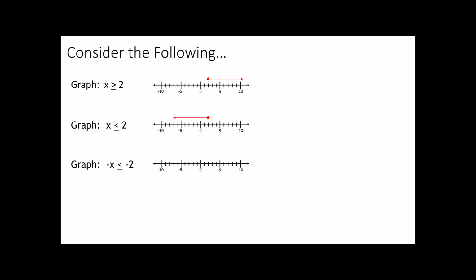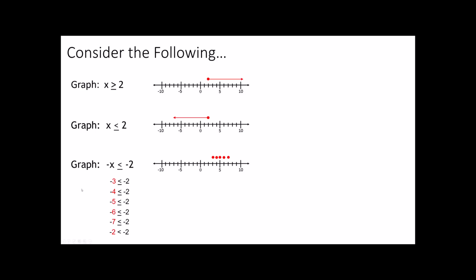Assuming you've already done that, I'm going to go ahead and plug in some points myself. If x is a 3, I get -3 is less than or equal to -2, and that's a solution. If I plug in a 4, I get -4 is less than or equal to -2. That's also a solution. 5 does the same thing, as does 6, as does 7.